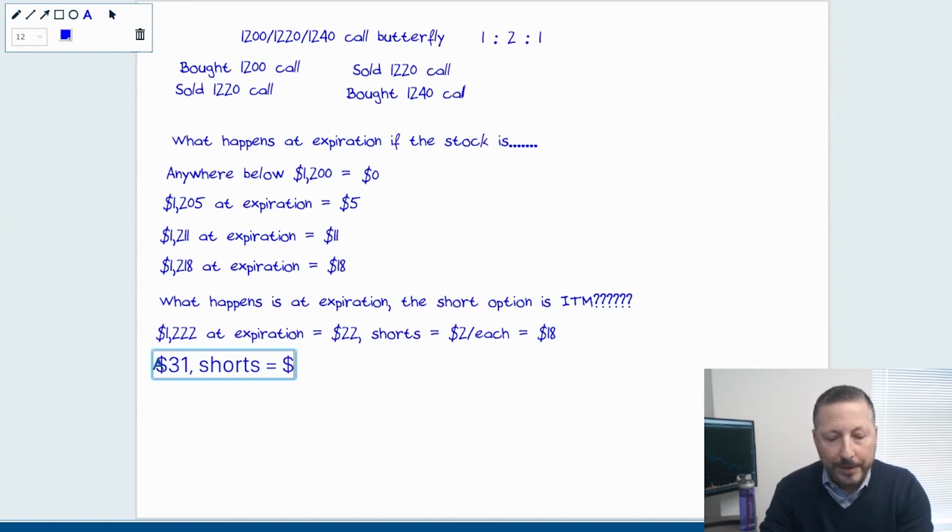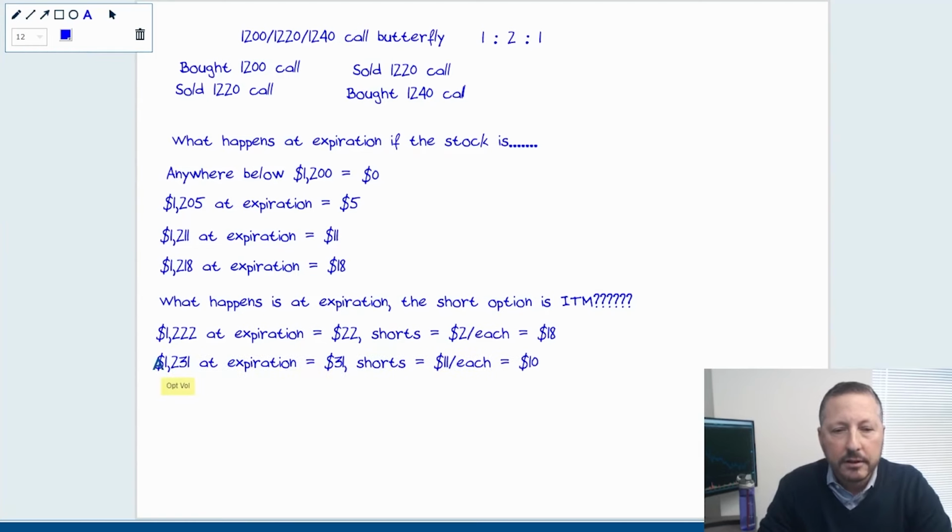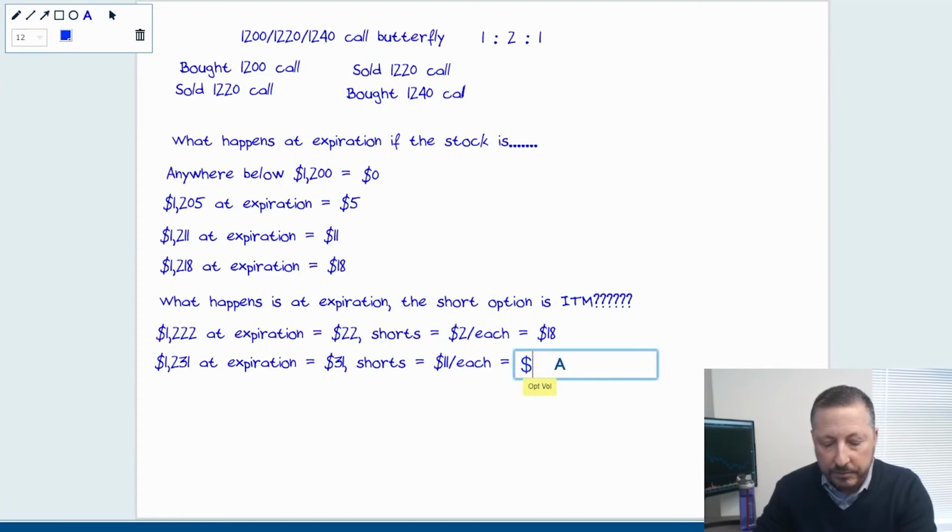The shorts would be 11 each. So that equals $9, not $10. 31 on the long, each short worth 11. 31 minus 22 is worth $9.